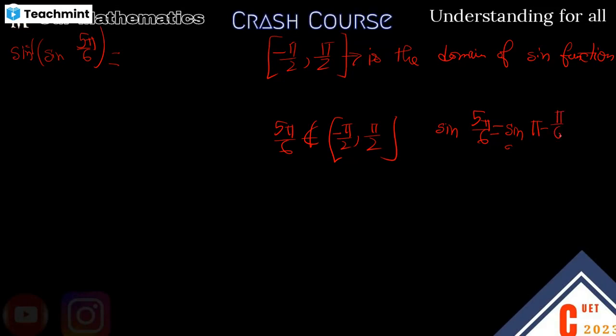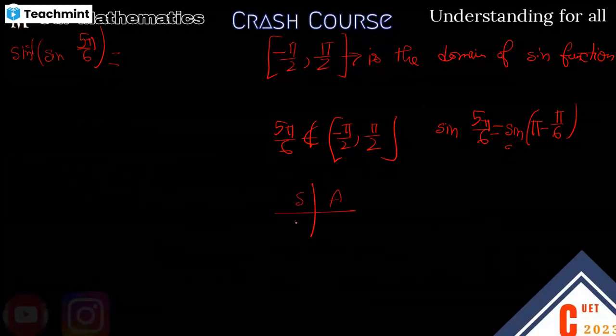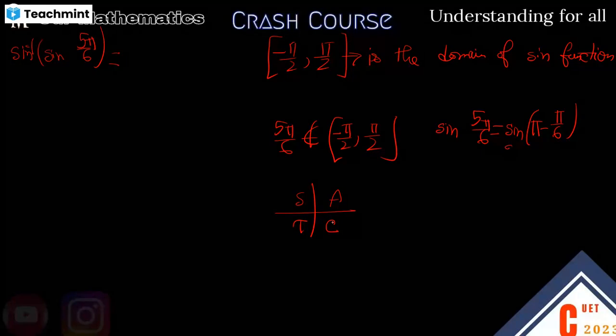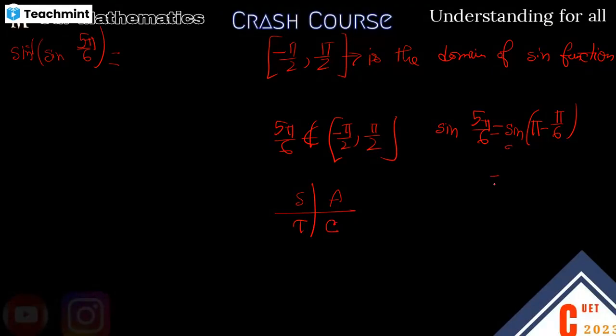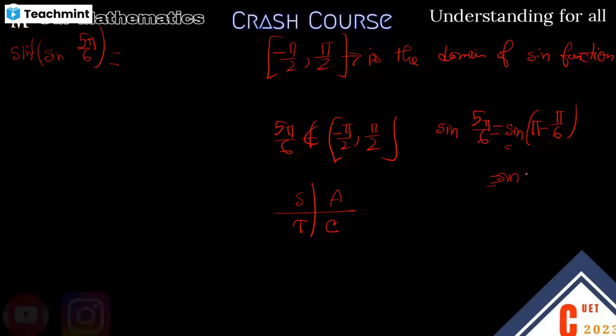Now from all sin tan cos, what do we get? It is nothing but sine of pi by 6.